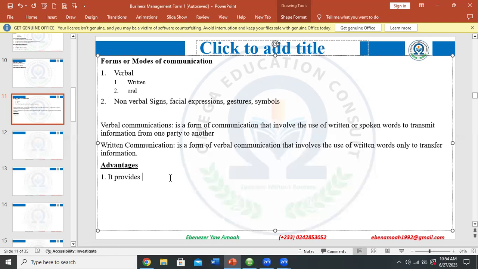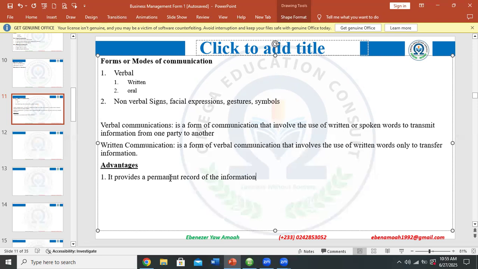So let me write the points that you have all indicated here. So one is it provides a permanent record of the information. Good.